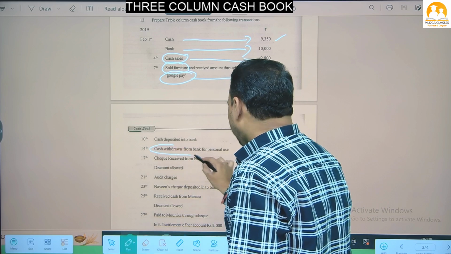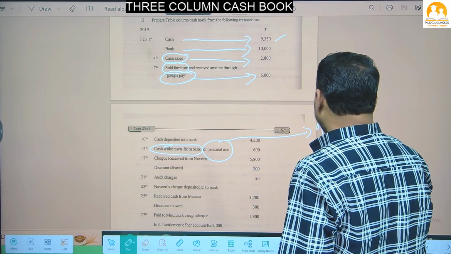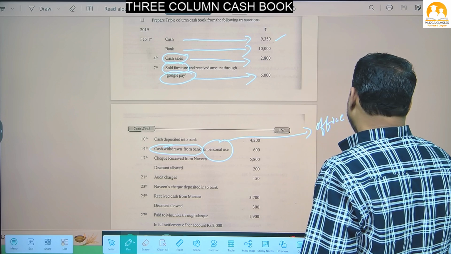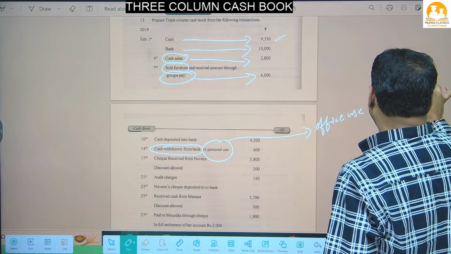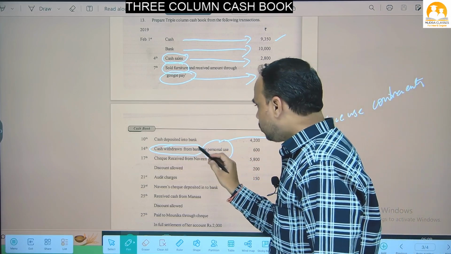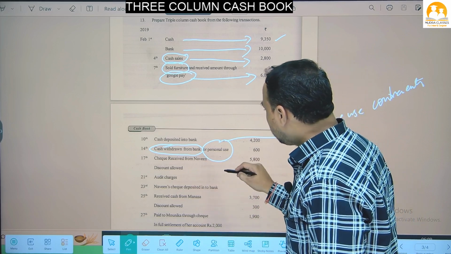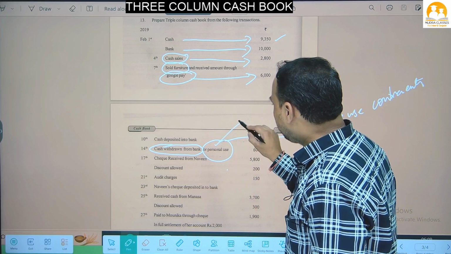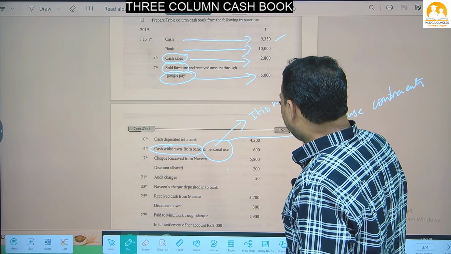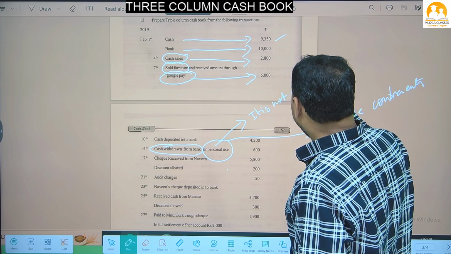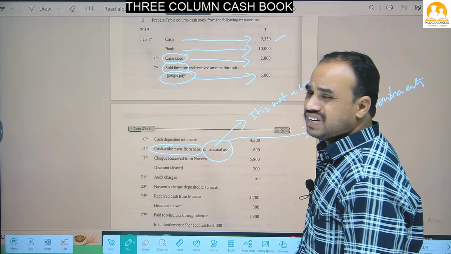Cash withdrawn from bank, if office use is given in the place of personal use, that is a contra entry. Otherwise, if only cash withdrawn from bank is given, that is also a contra entry. But when personal use is given, it is not a contra entry. Only one issue, that is personal use.